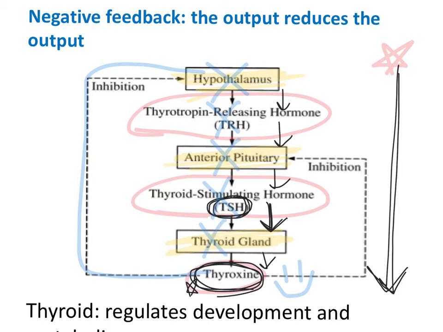Therefore, I'm preventing overproduction of thyroxine. So I can shut off my pathway here on the left by using the end product to do that. Similarly, on the right side of the pathway, thyroxine also shuts off the anterior pituitary. So it's just another way to confirm that excess thyroxine will not be made.